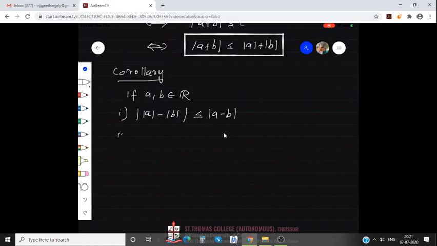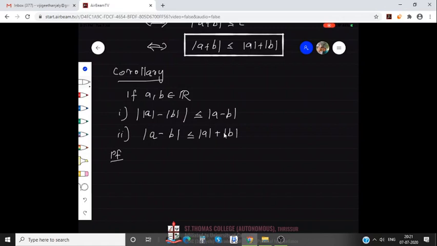And the second one says that the absolute value of a minus b is less than or equal to the absolute value of a plus the absolute value of b. So we should prove this.